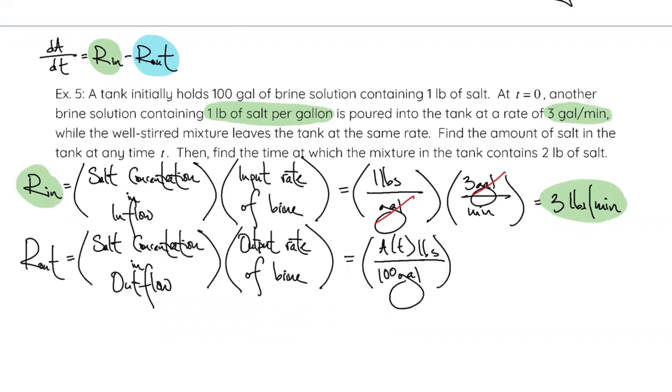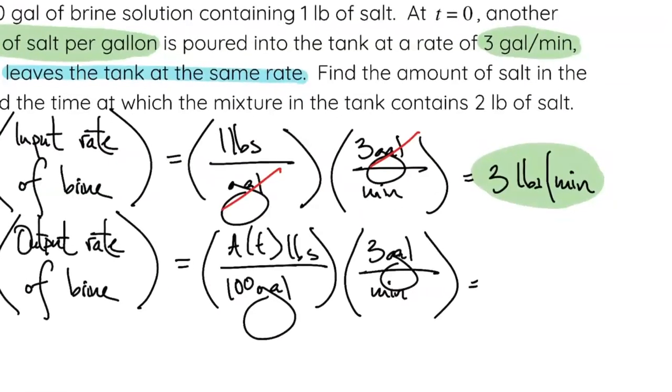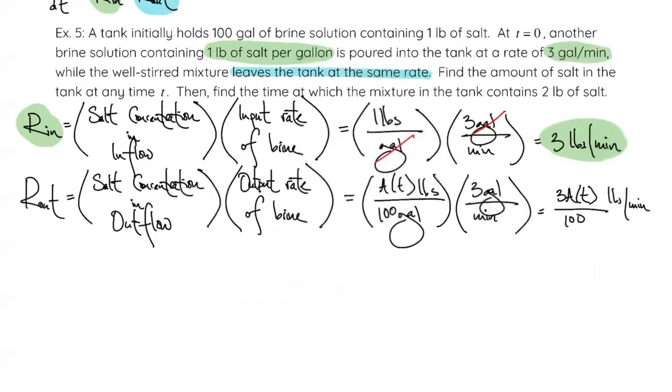So we've got pounds per gallon. And then it turns out that the mixture is leaving at the same rate. So that's going to be 3 gallons per minute. We multiply this out, we end up with 3A of t over 100 pounds per minute. This represents our rate out of the salt.